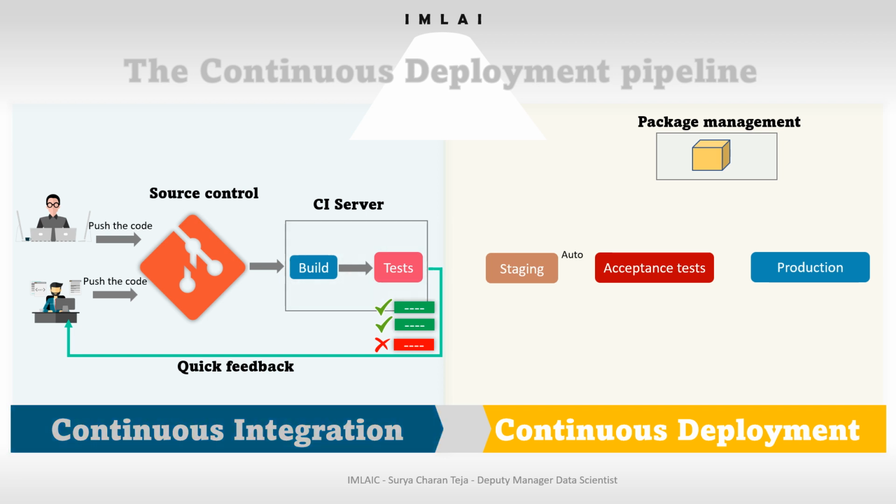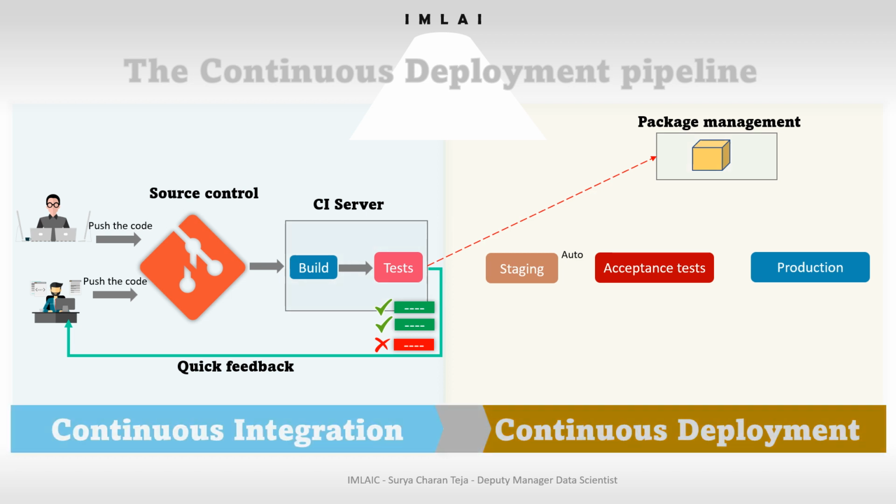So after the quick feedback, our package will be moved to the package manager. Then automatically another server will be set up, that's a staging server, and the package from the package manager will get back to the staging server.